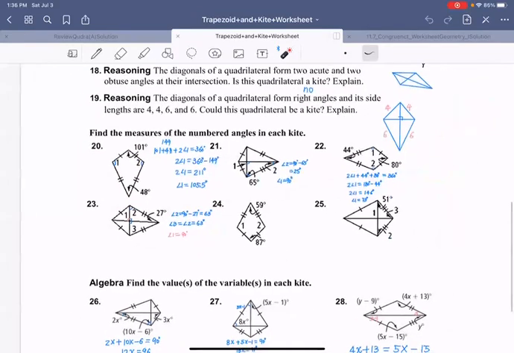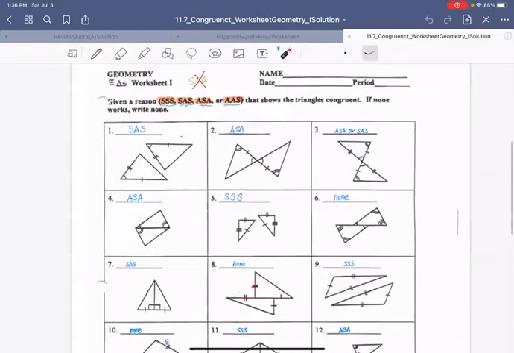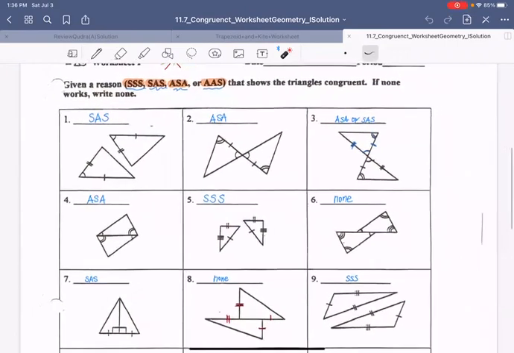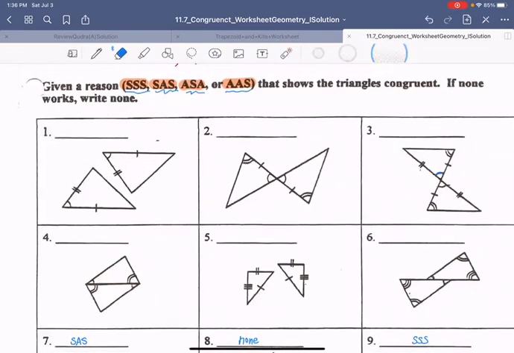Okay. Now we need to go back to triangle congruency. Look at here. Abby, let's see the first one.